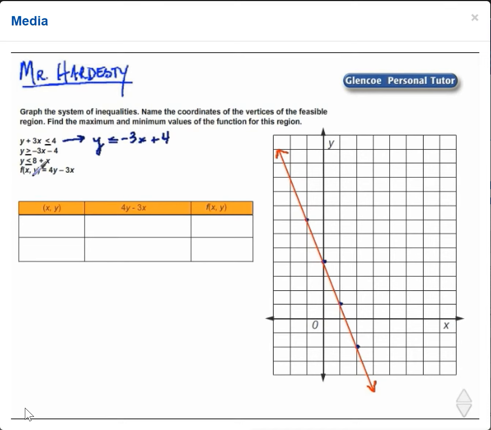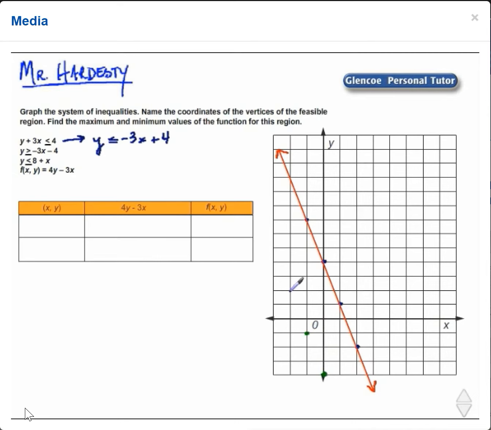Our next inequality, y greater than or equal to negative 3x minus 4. That's in slope-intercept-like form for an equation, so we can graph that. Negative 4 is our y-intercept, and the slope, negative 3. I'm out of room this way, so I'll count up 3, but then left 1.